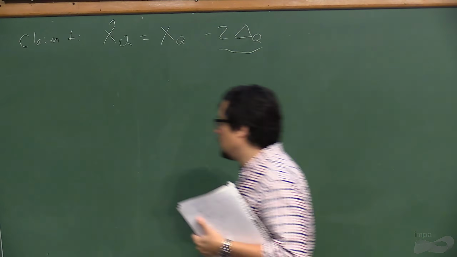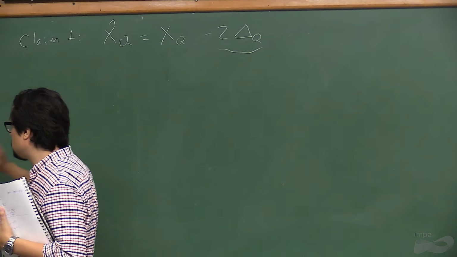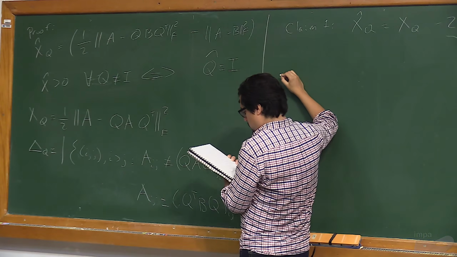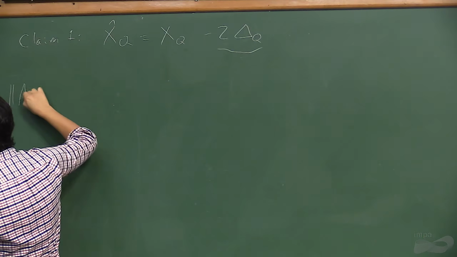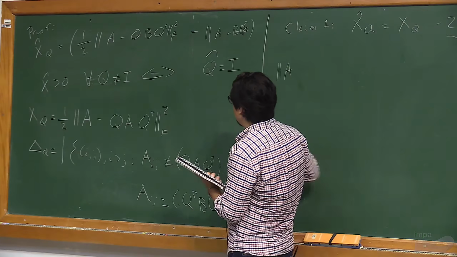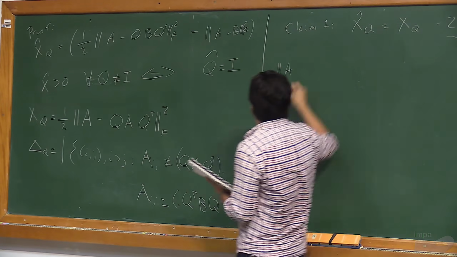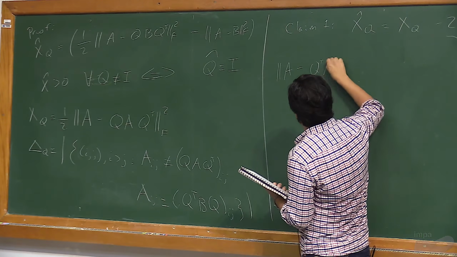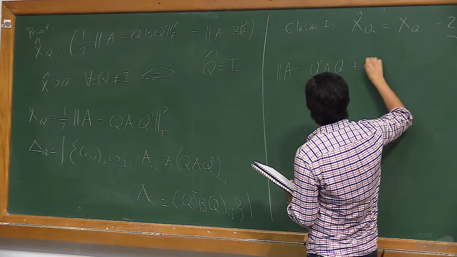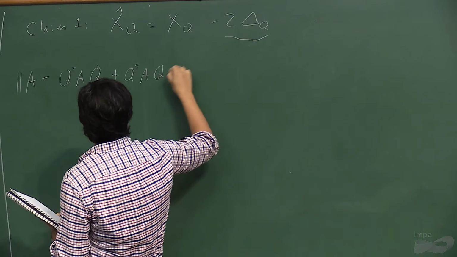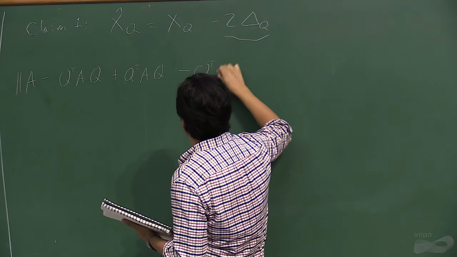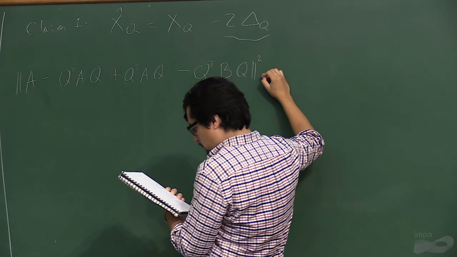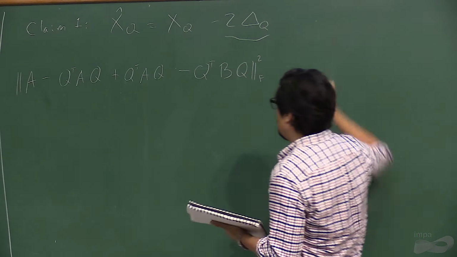And just using properties of the Frobenius norm, we can show that we can write this part here as A minus Q transpose AQ plus Q transpose AQ minus Q transpose BQ. Right?